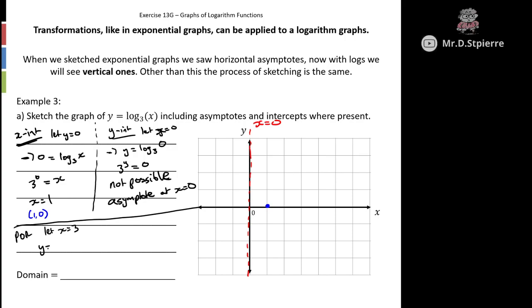So we get y is equal to log base 3 of 3. This log is asking 3 to the power of what is equal to 3, so that's going to be 1. So y is equal to 1. And that gives us our other coordinate, which is 3, 1. Right there. So we've got 3, 1, and we have 1, 0.